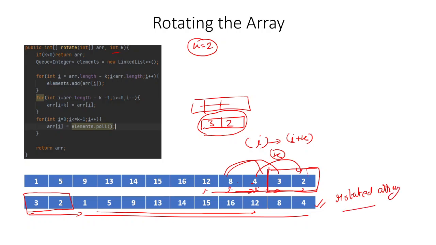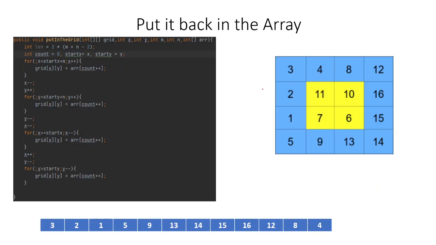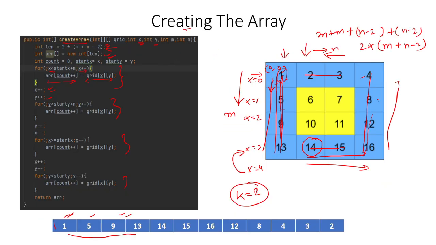Now we just have to take this and paste it back into the grid. So let's see how we'll do that. Just like we saw in creating the array, we are going through each of these elements and picking up the value. We do the same thing, except that here we were assigning the grid value to the array.